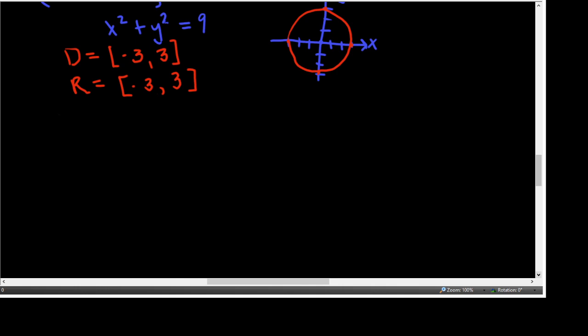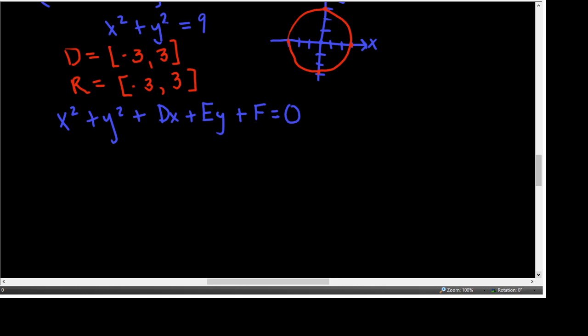Let me write that. That will be the general form of the equation of a circle.